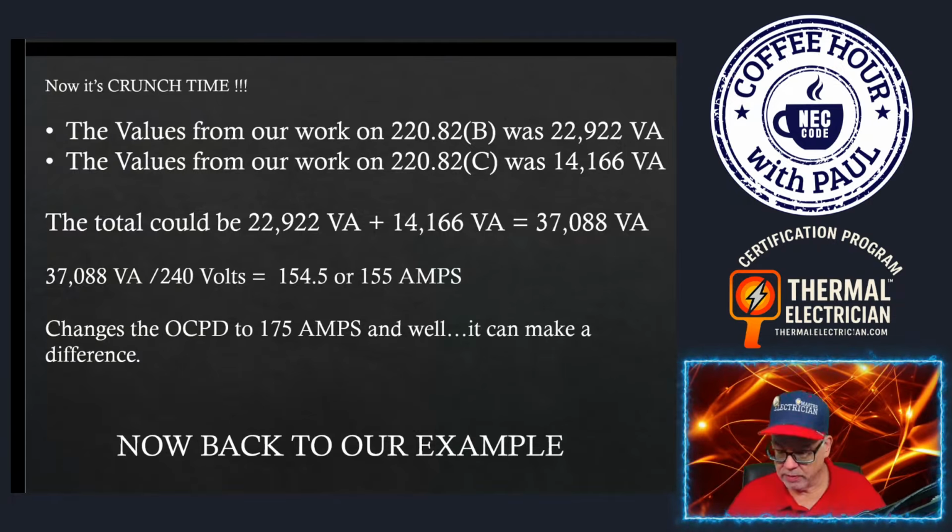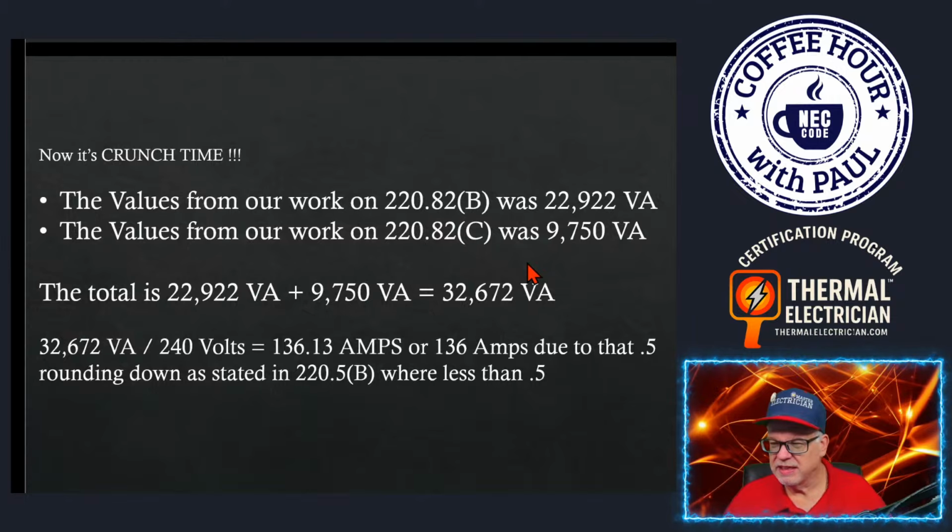So yeah, so 32,672. What did I do? Hold on, what did I do? Let me make sure I do this right. 39 in for our example, I'll make sure I did it right. So it's 32,672.